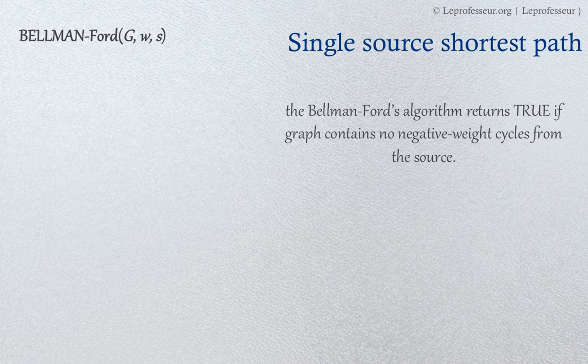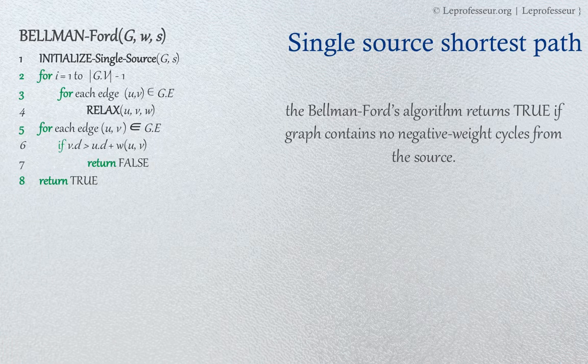So let's see what this algorithm says. Simply, the first step is the initialize subroutine, the initialization step. This is very similar to what we learned in the previous lectures, where we put some key value on each node, or each vertex, in the graph.